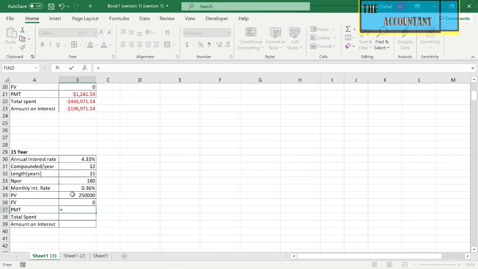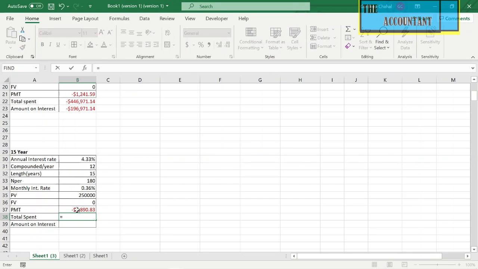So equals PMT, and we'll use the monthly rate, the number of periods, the present value, the future value, and that gives us payments of $1,890.